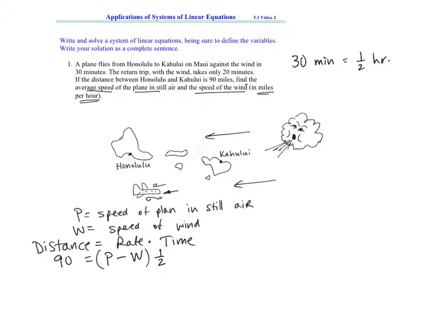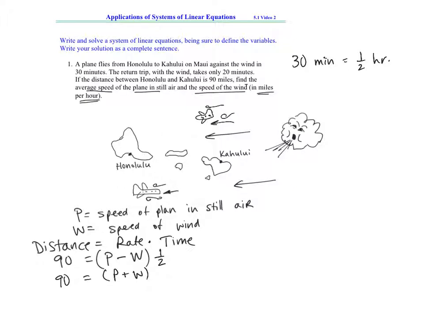Now going the other way, from Maui heading back towards Honolulu, our plane is being sped up just a little bit, not a lot, but that wind is helping. So we have the same distance that we're traveling, but now we have the plane, if it was flying in still air, plus just a hint of that wind pushing it along.